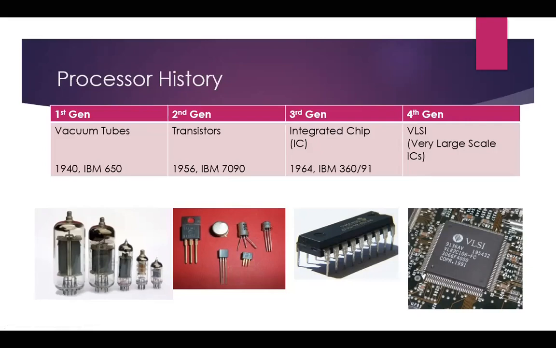Then came fourth generation computers. The processor of a fourth generation computer looks like this structure, and this structure is known as very large scale integrated circuit. IC stands for integrated circuit or integrated chip.